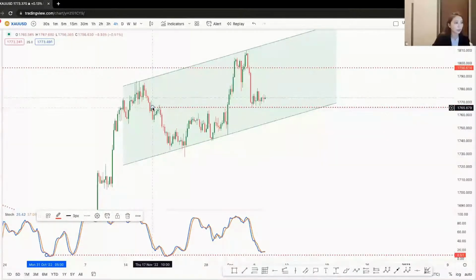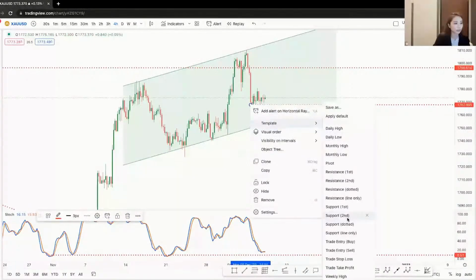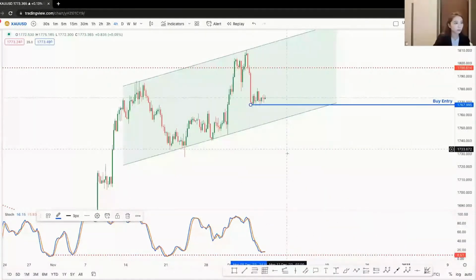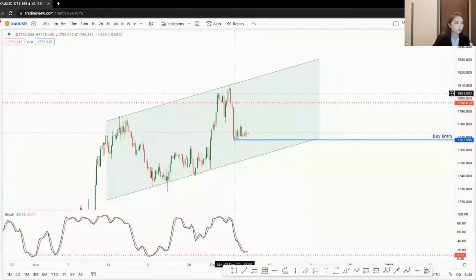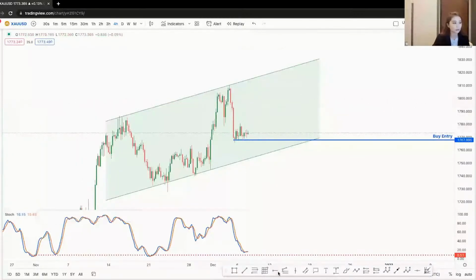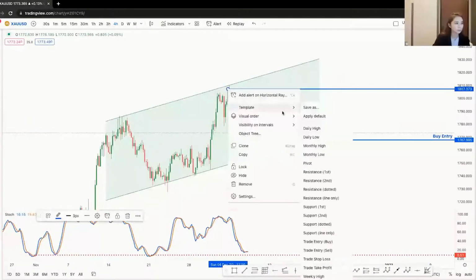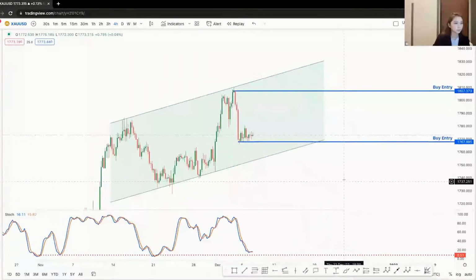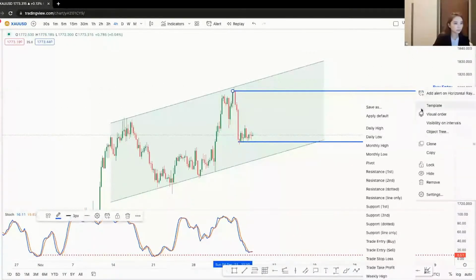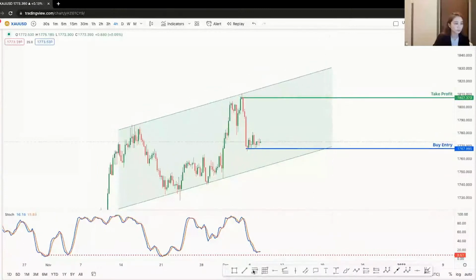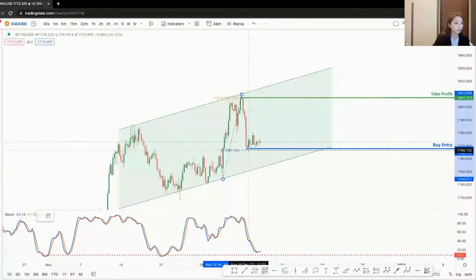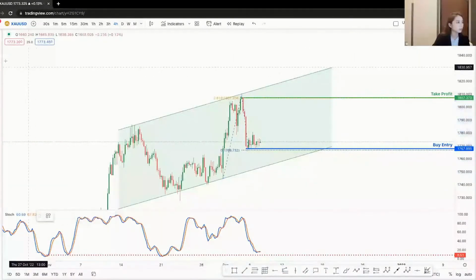So in this case, I'm actually personally also thinking that maybe we should go for this. And then this one, in this case, I would and could put according to Fibonacci projection for our stop loss.